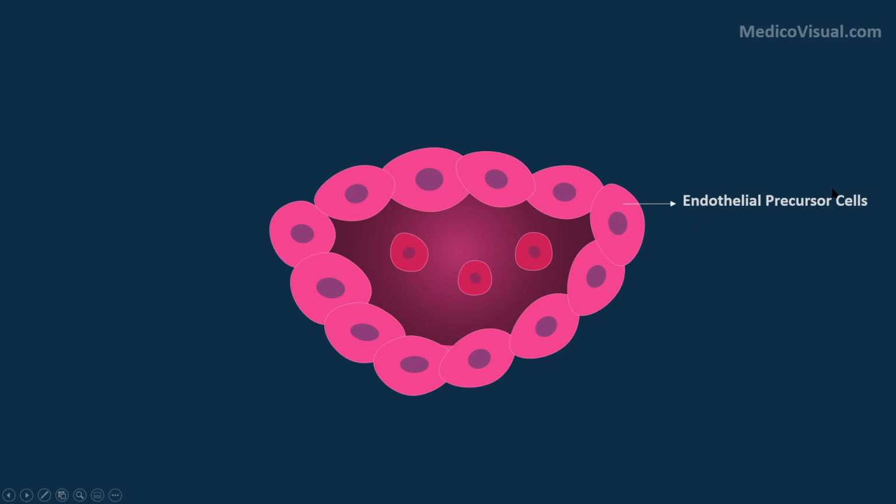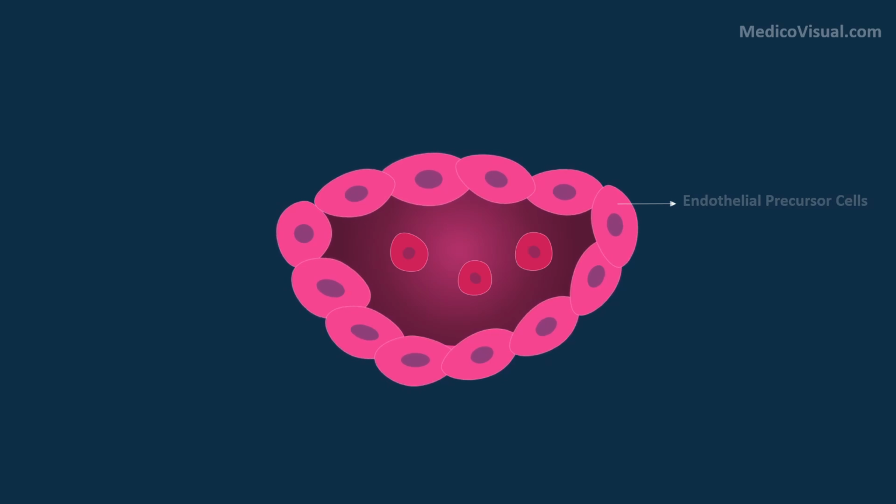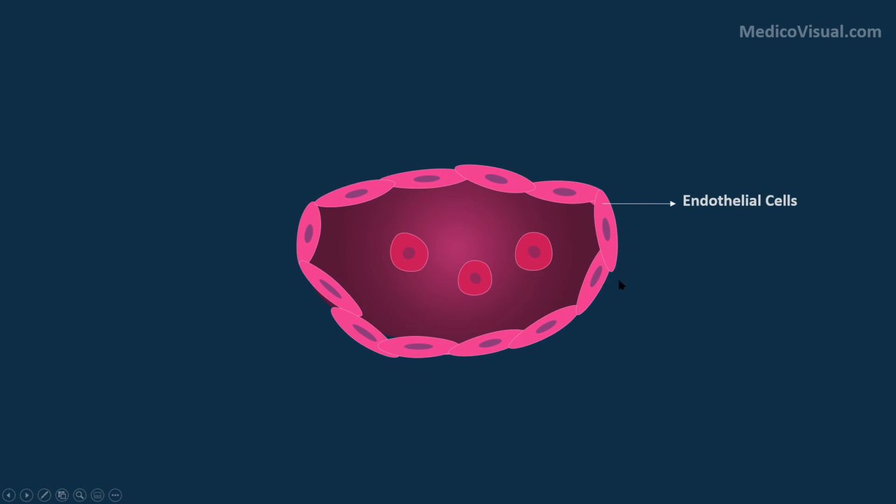They are called endothelial precursor cells. These endothelial precursor cells will differentiate and flatten out to form the endothelial cells, and these blood cell precursor cells will further differentiate into the blood cells.